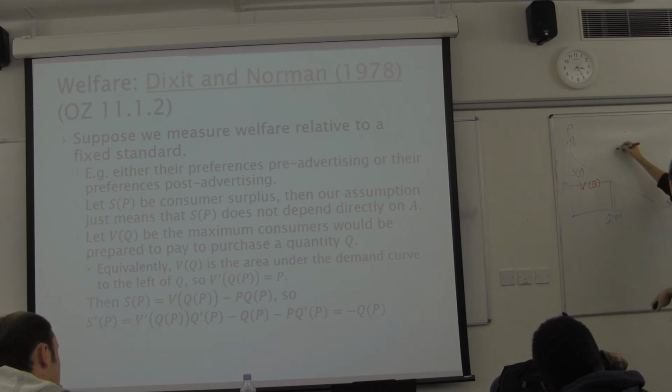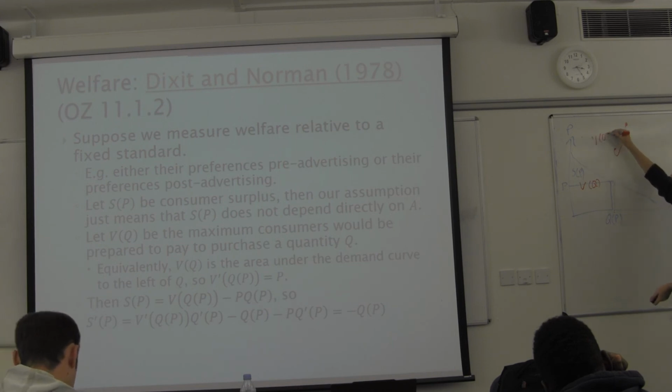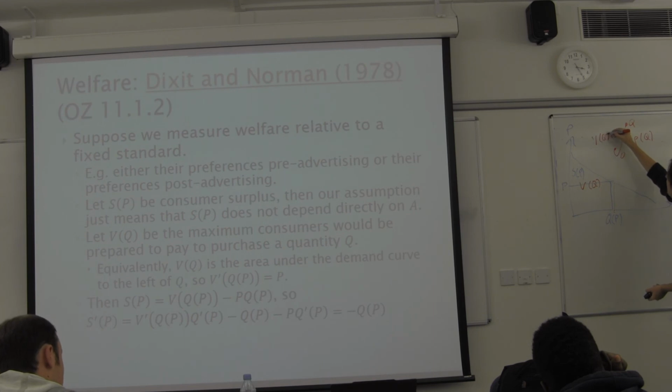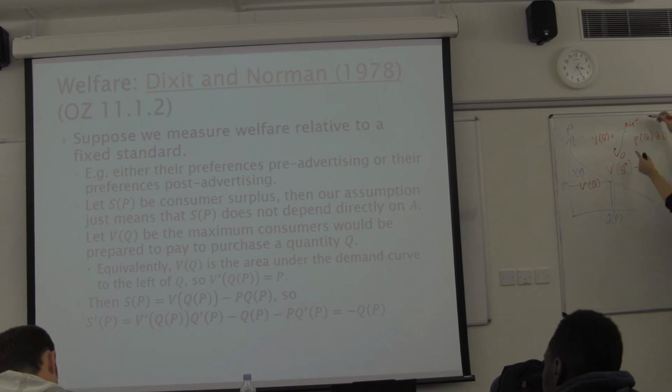You can see it with integrals as well, if you like. You can say V of Q is the integral from naught up to Q of the inverse demand curve. Let's say V of Q star is the integral from naught up to Q star of P of Q. Then when you take the derivative of an integral, it's just the thing inside.